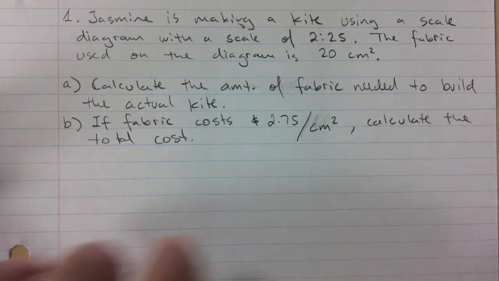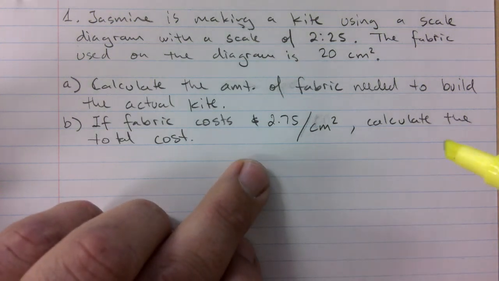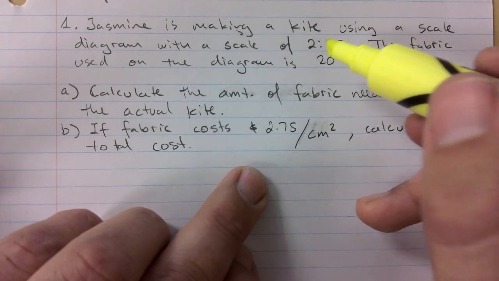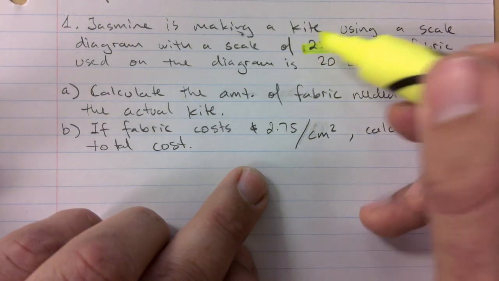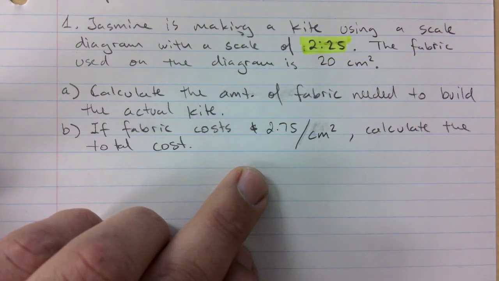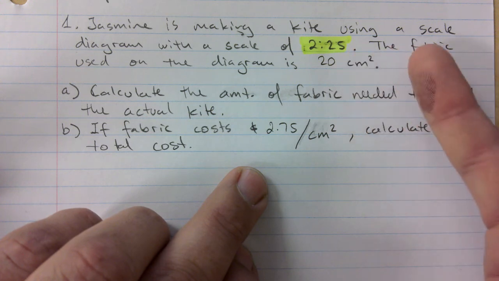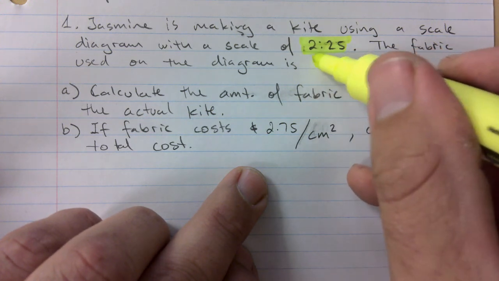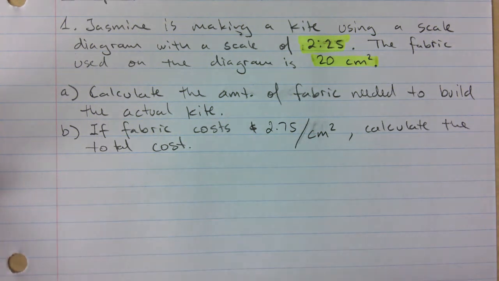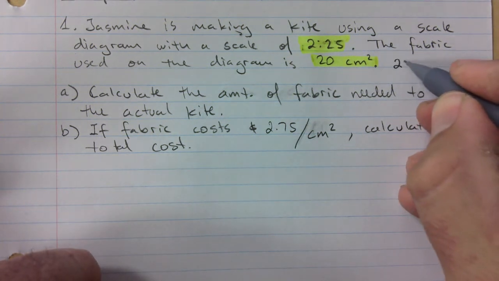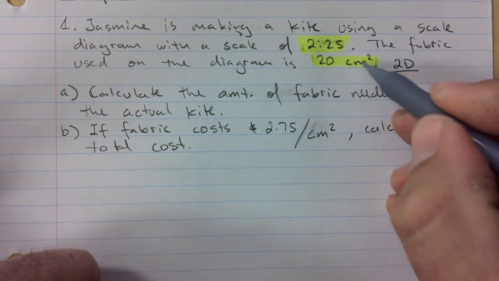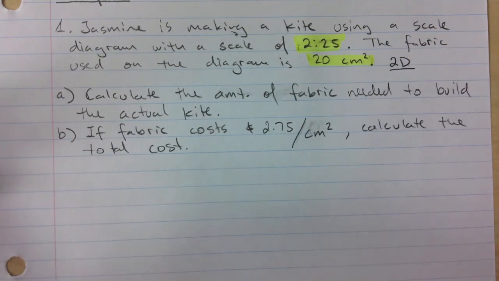So you have to ask yourself, first of all, they're giving you something very important, which is the scale right there. So K is basically given in this. Even though this is a scale, you can find the scale factor easily. And then you have the 20 centimeters squared, which is two-dimensional, right? Because of the centimeter squared, you know it's two-dimensional.